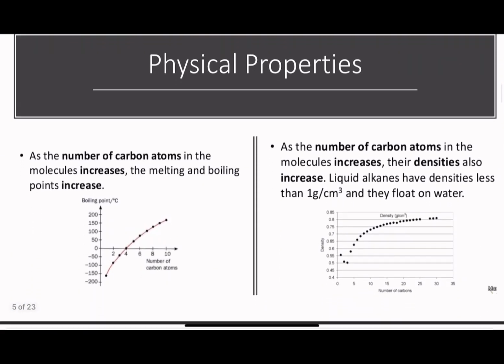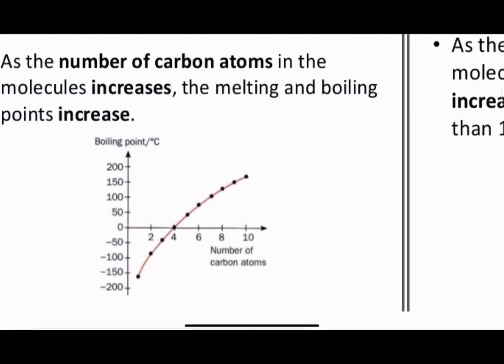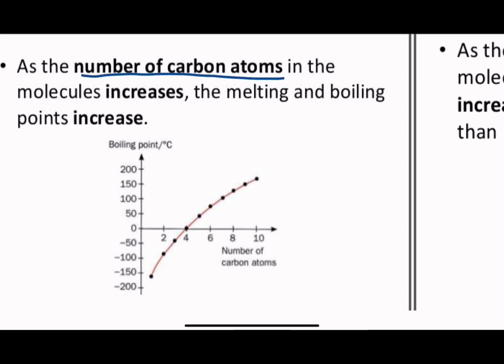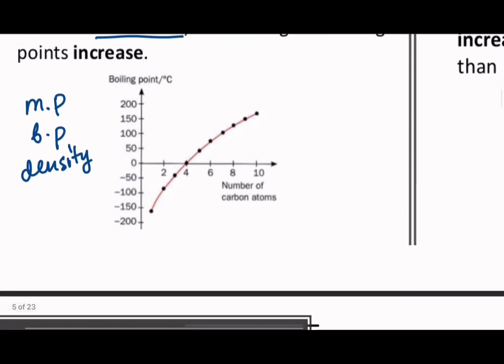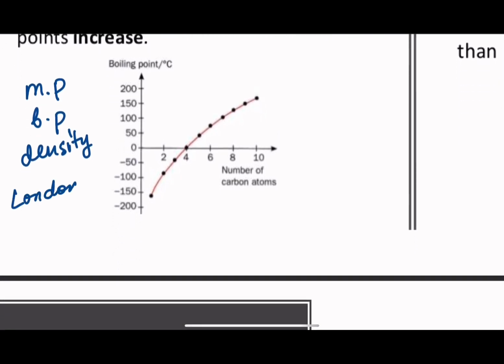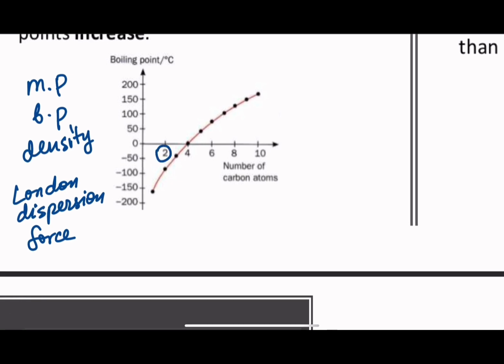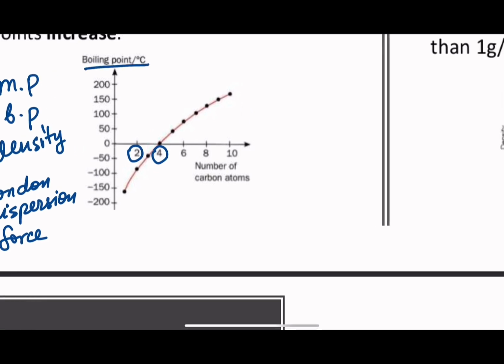Okay, so now physical properties. I told you as the number of carbon atoms in the molecule increases, their melting point, boiling point, and density increase because of the London dispersion force. London dispersion increases because you have more electrons, right? In carbon 2, you have 12 electrons. In 4, you have 24 electrons. As it increases, you can see that the boiling point is increasing with the number of carbon atoms.